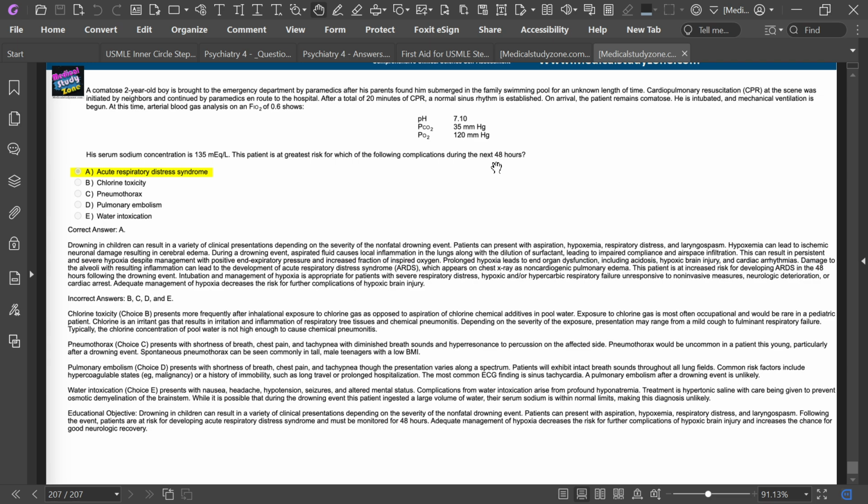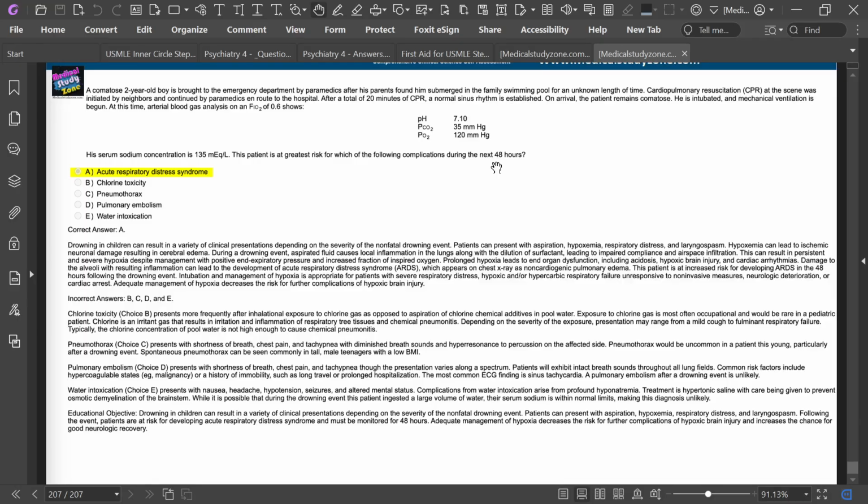This patient is at increased risk for developing ARDS in 48 hours following the drowning event.